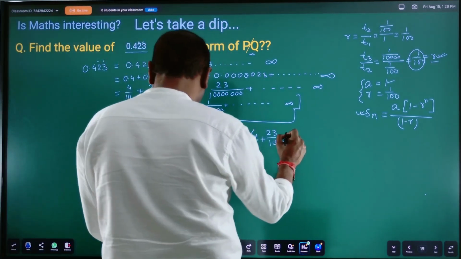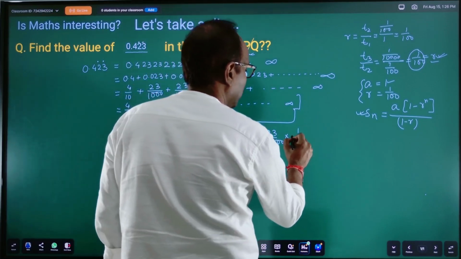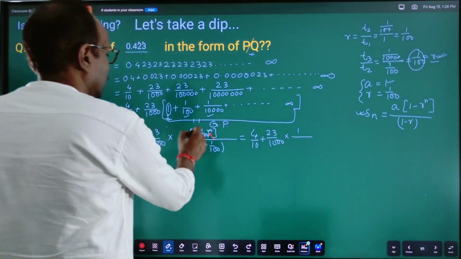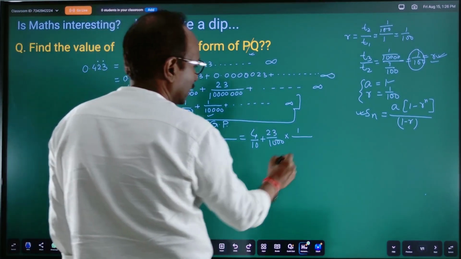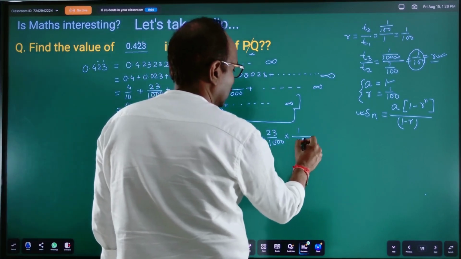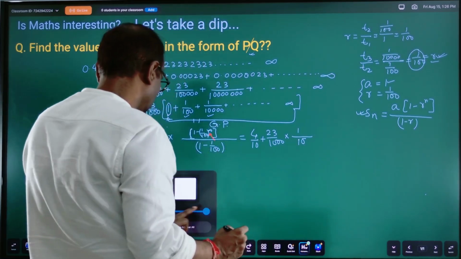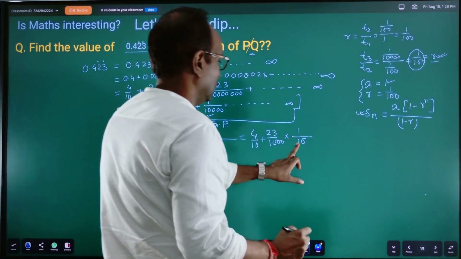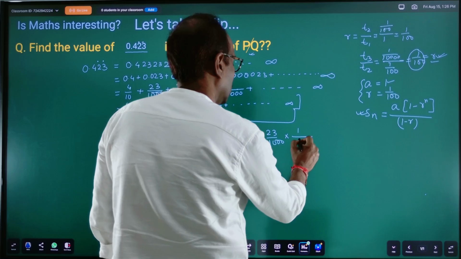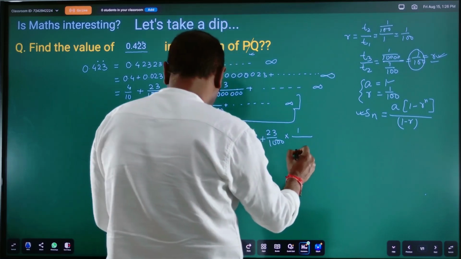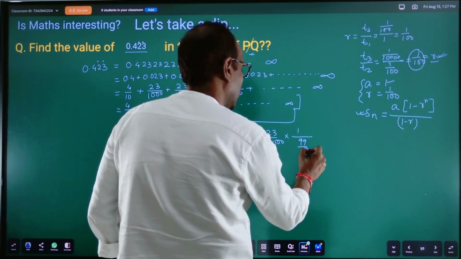In the bracket we will get 1 in the numerator, and in the denominator 1 minus 1 by 100, that is 100 minus 1, this will be 99 divided by 100.